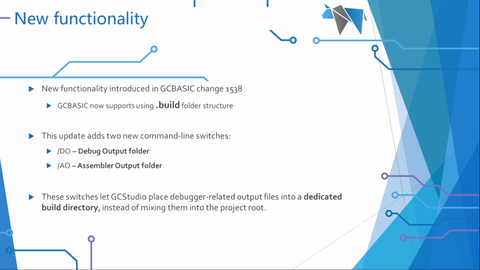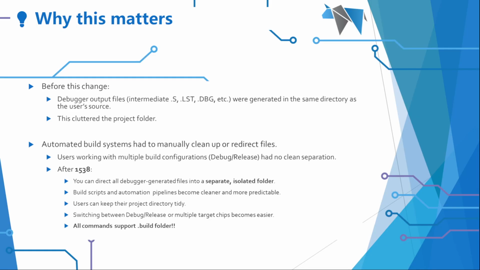So these two new switches are needed. We need to produce more files. The debugger output files, the lfile.s, list, debug, etc. were all being generated in the same directory as your user source, and it really was getting extremely cluttered in that folder.